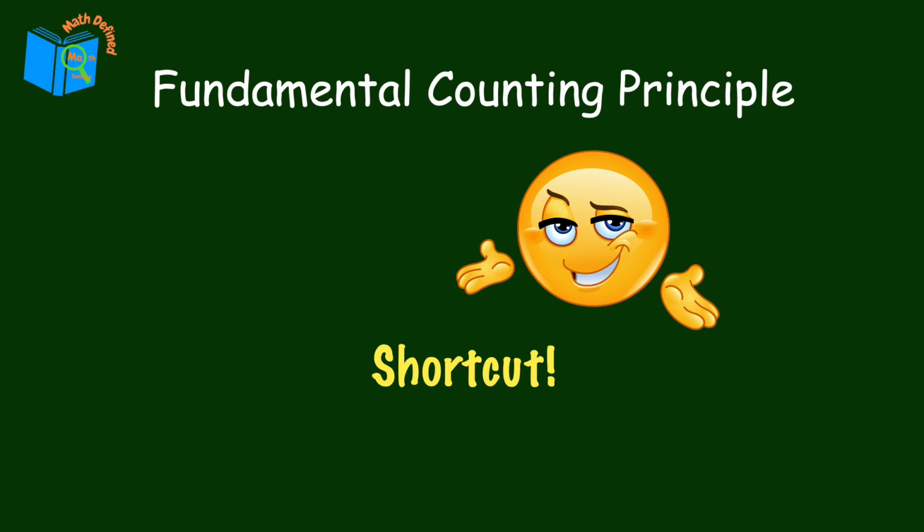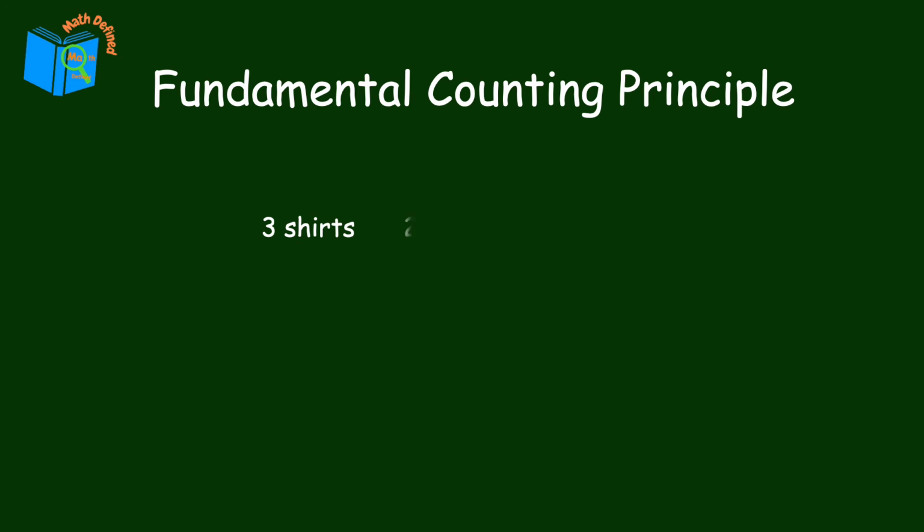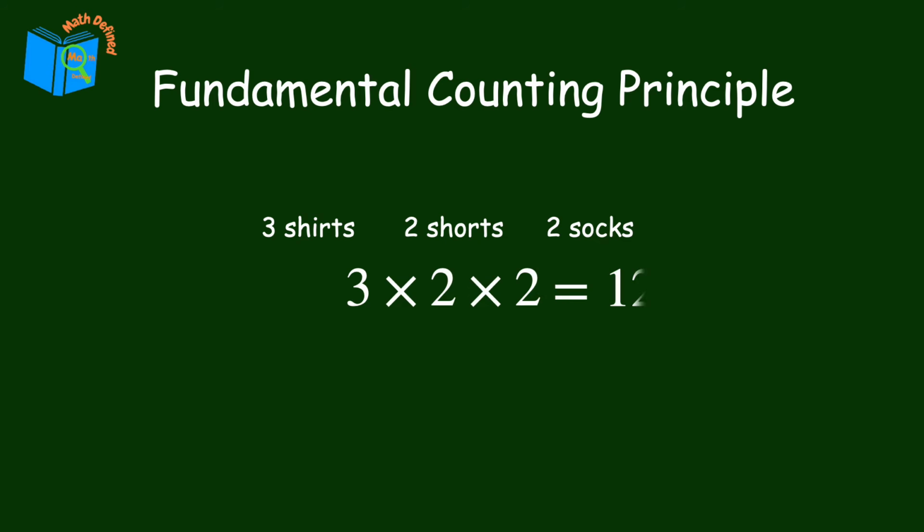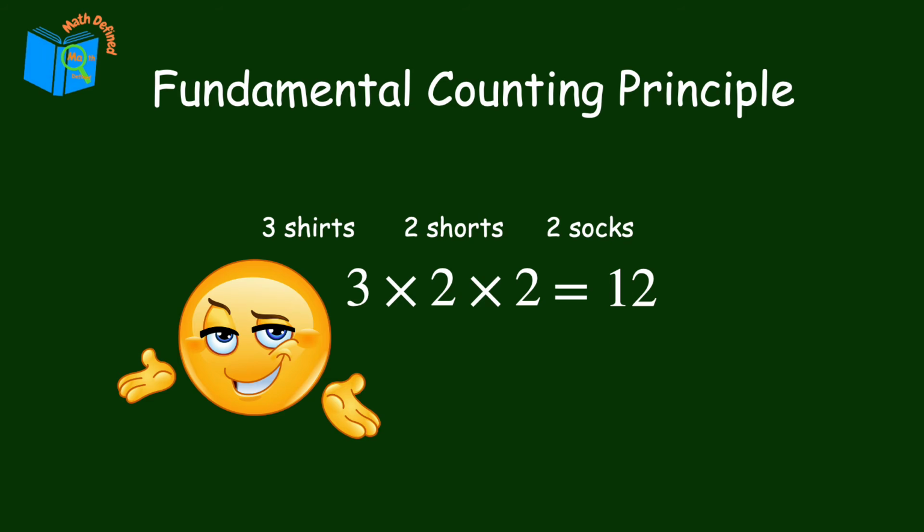All you have to do is multiply your choices together to get the total number of possible outcomes. Let's try it with our uniform choices. We have 3 shirt color options, 2 shorts options, and 2 sock choices. Now we just multiply them together. 3 times 2 times 2 is 12. That's the total number of uniform combinations that can be made. Pretty easy, but remember, this just gives us the total number of combinations, not a list of all the specific ones.